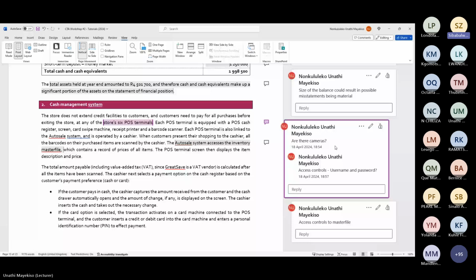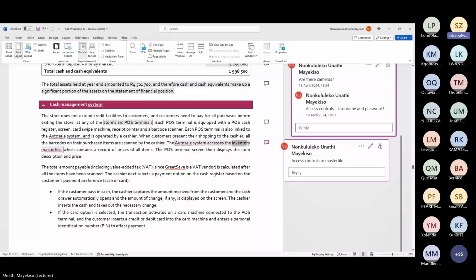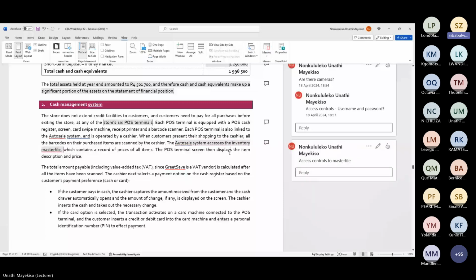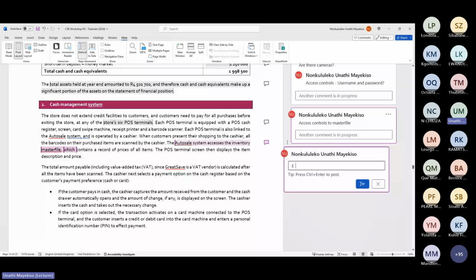Maybe, for example, when the customer buys a bottle of drink, but instead the master file returns a price for a bottle of milk instead of that drink. Errors in the price allocation.